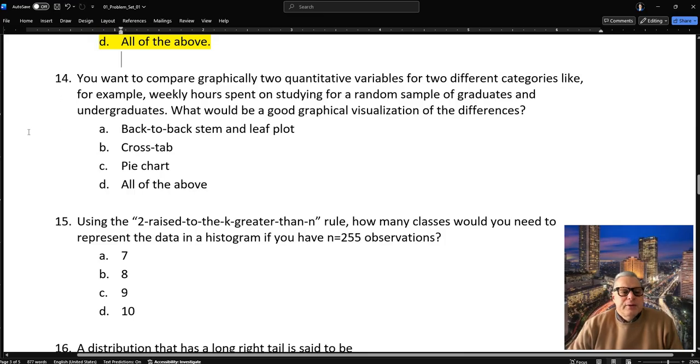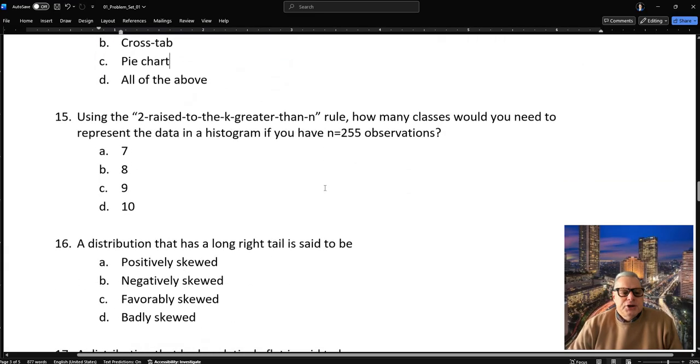So a back-to-back stem and leaf plot, that seems good. And in a cross tab, yeah, I can compare mostly two qualitative variables. And a pie chart, it's obviously only for one.